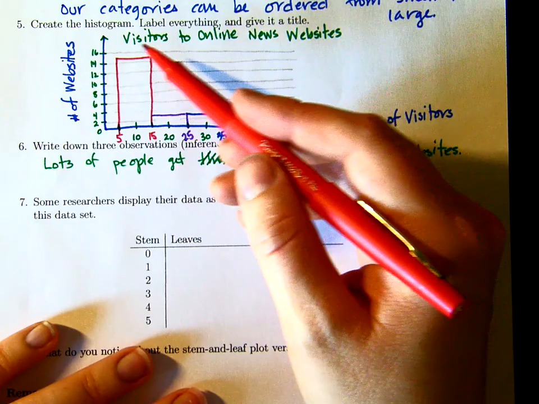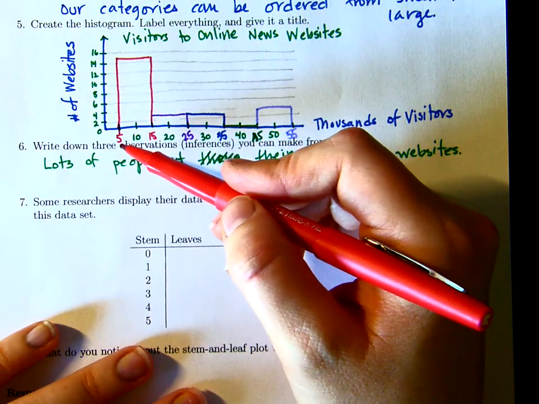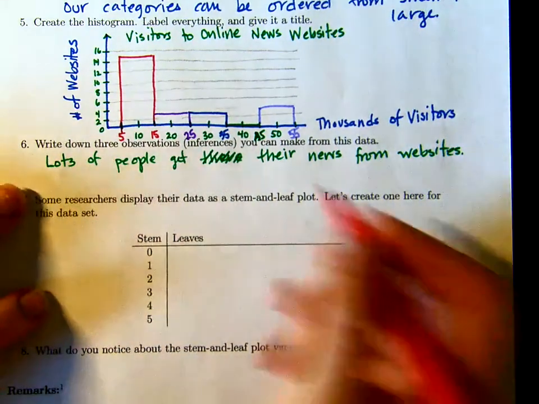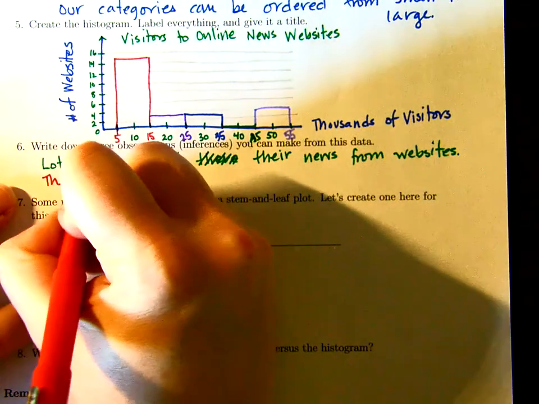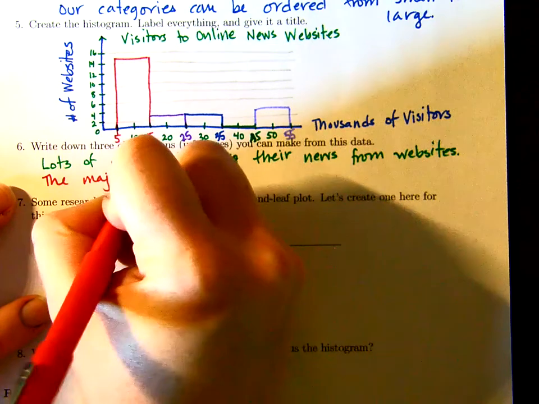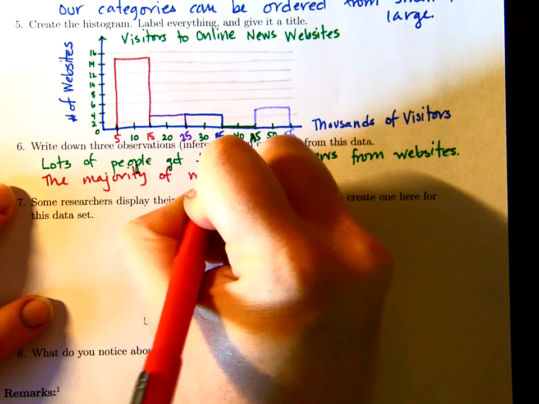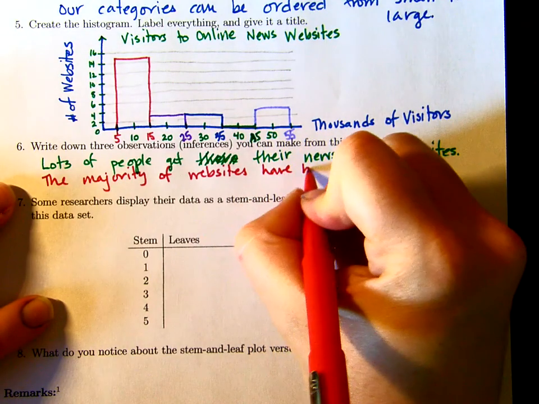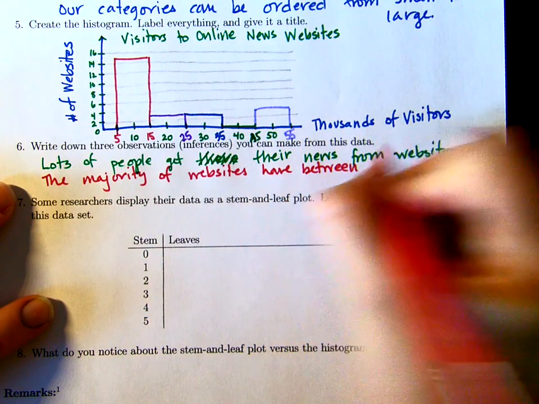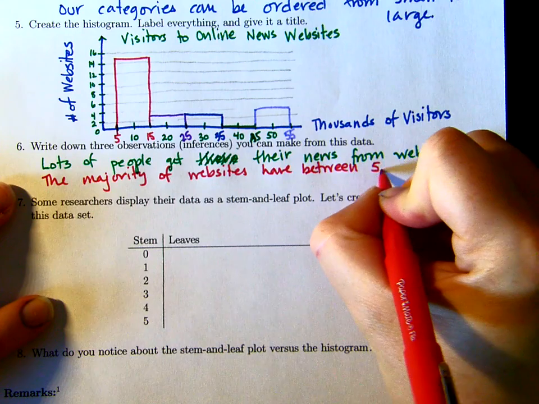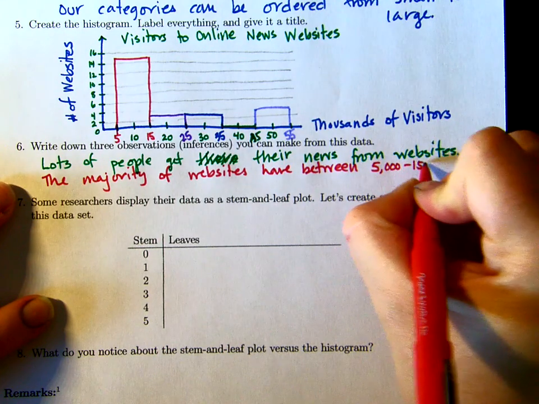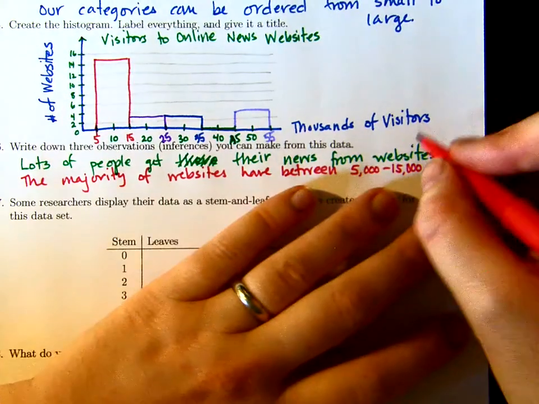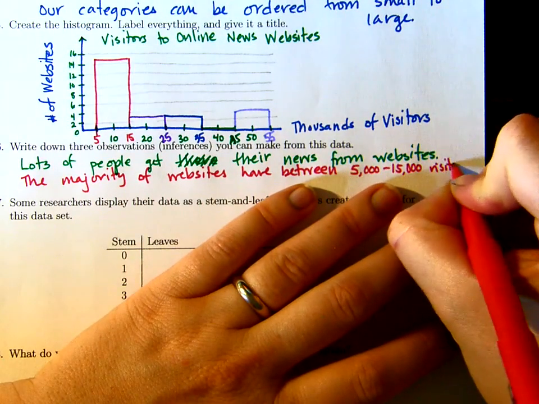So the majority of websites have between 5,000 to 15,000 followers, visitors, whatever you want to say. Readers.